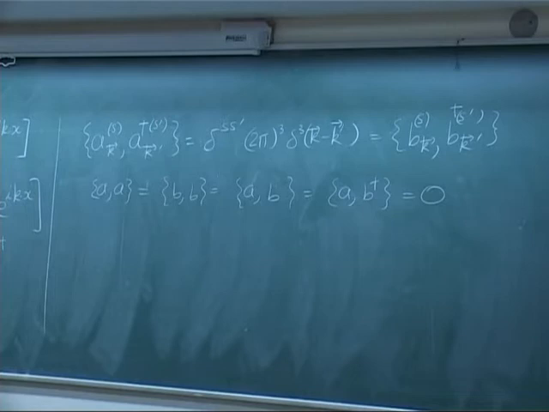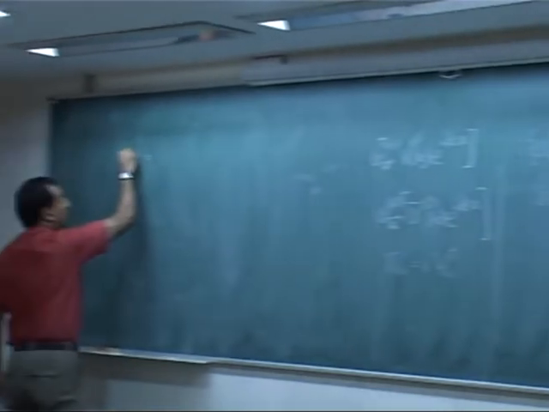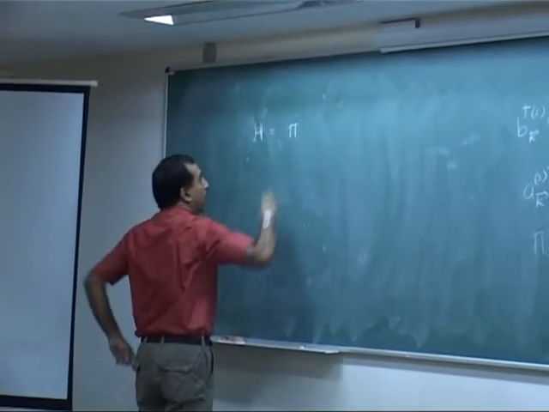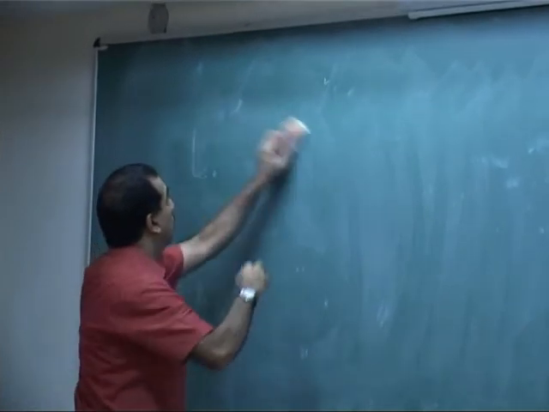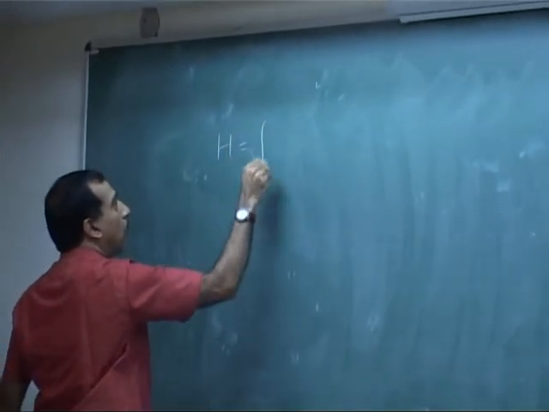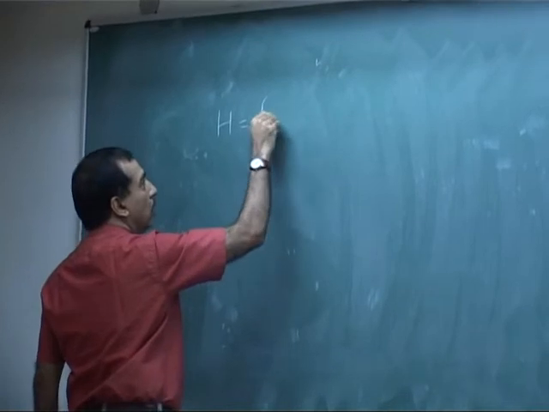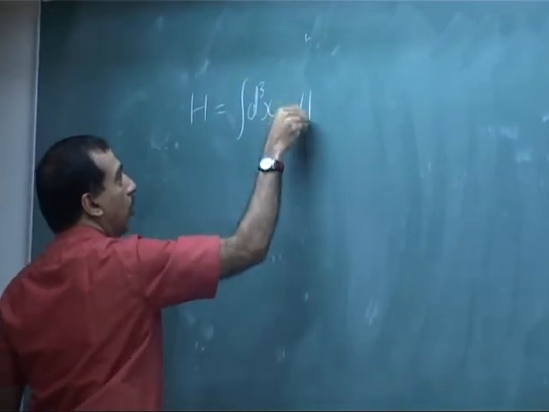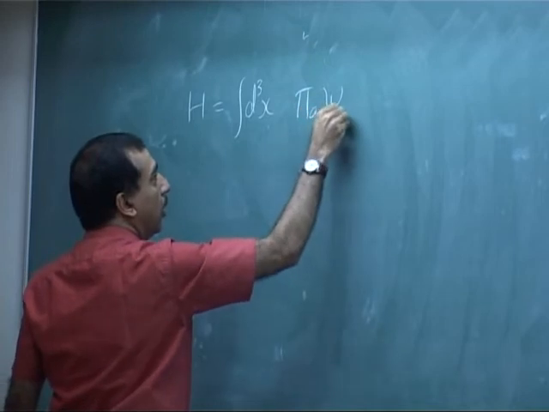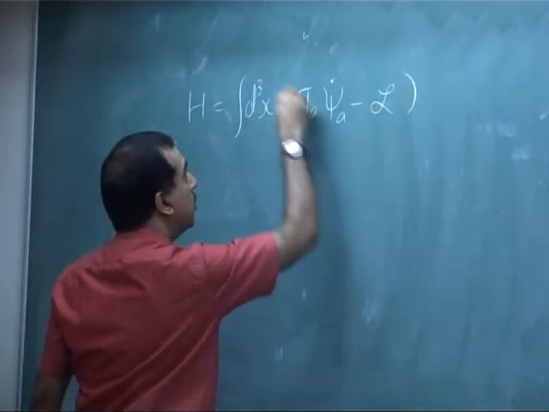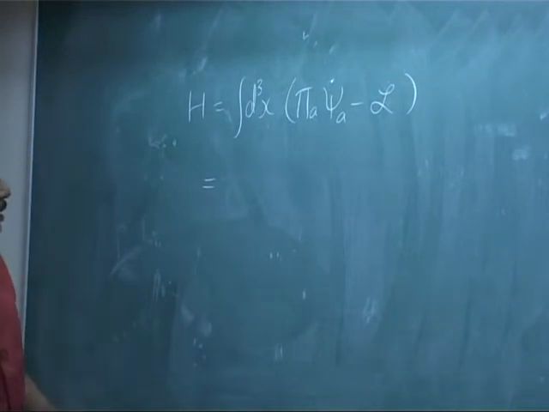The Hamiltonian is always pi psi dot minus L. So it's the Hamiltonian density under the integral, d^3x of pi psi_A dot minus L. Now an interesting thing happens.